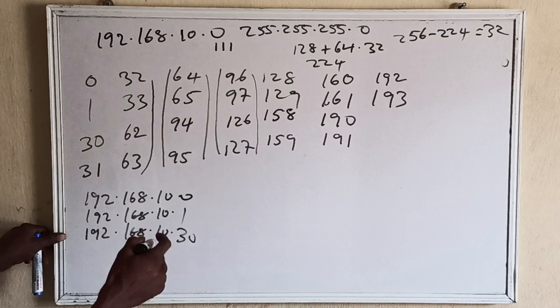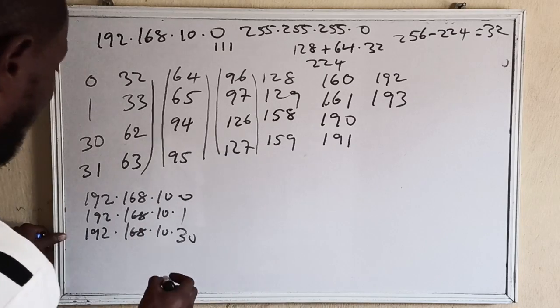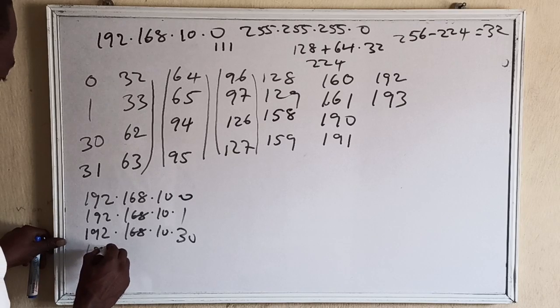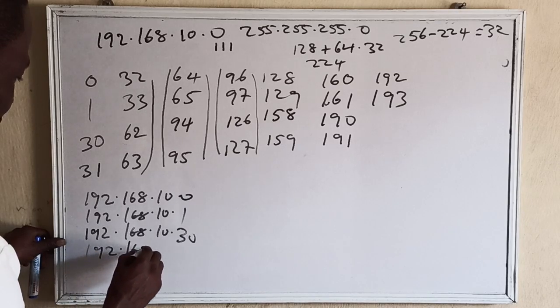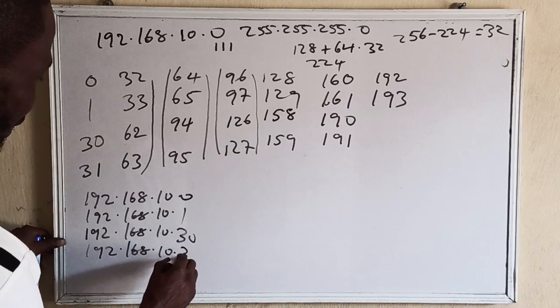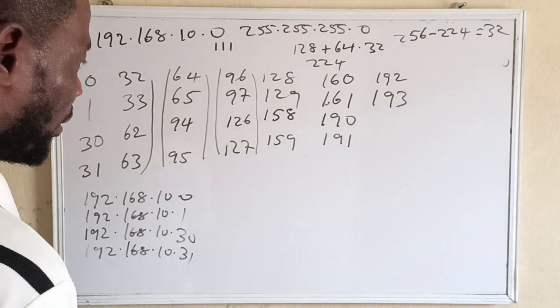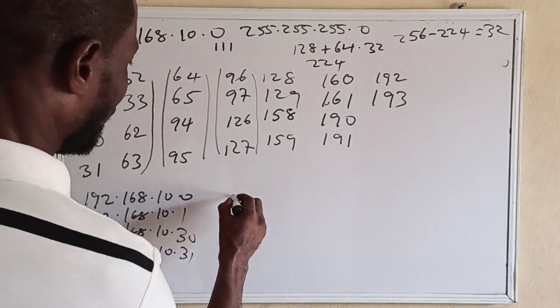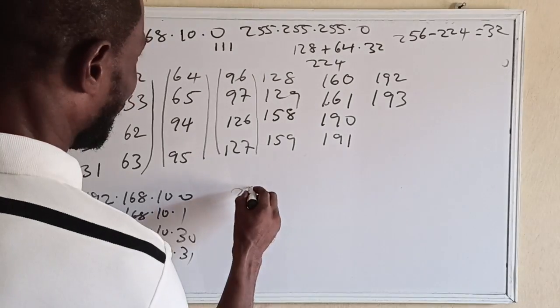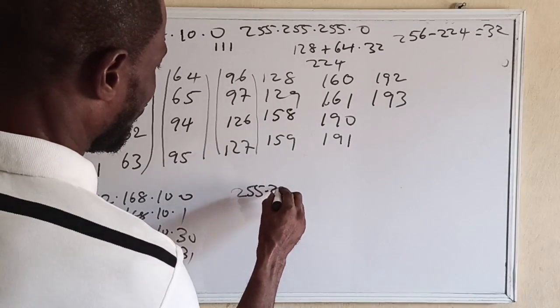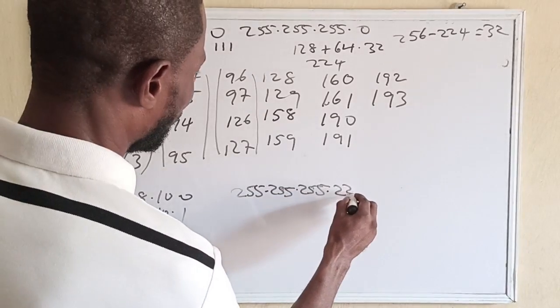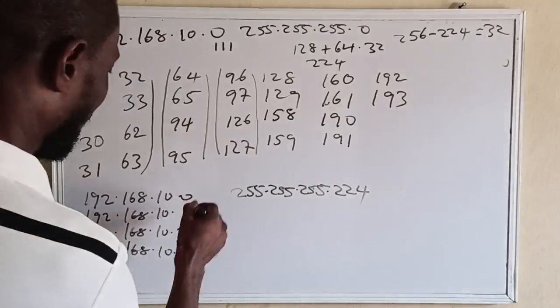That is what this is going to give you. Now, the broadcast address here is 192.168.10.31. And look at the subnet mask: it is 255.255.255.224.